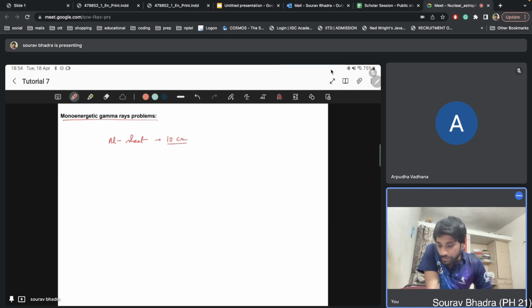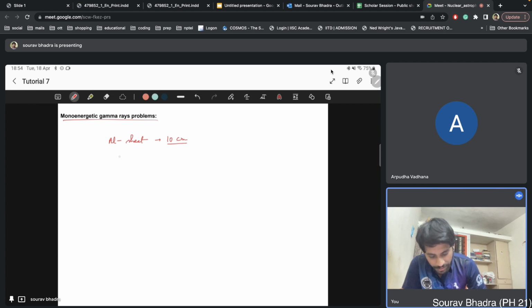Now this material reduces the intensity of the beam. So suppose if there are 100 gamma rays produced in the reaction, then it is absorbing 21 gamma rays, and the detector can detect only 79 gamma rays. So that's why we are saying that the intensity has been reduced.